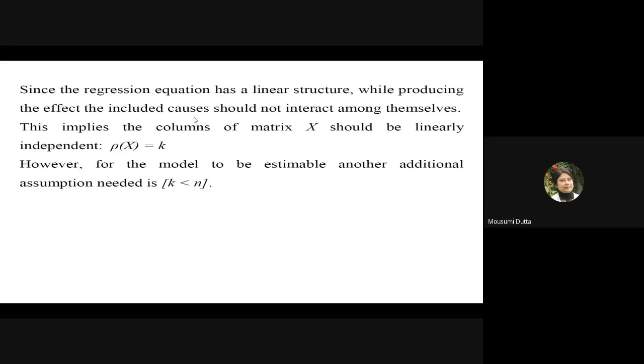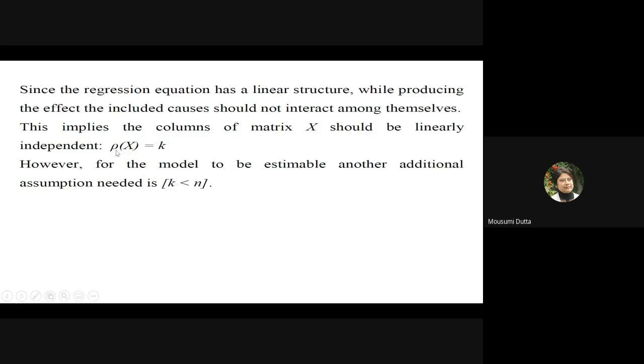This implies the columns of matrix X should be linearly independent. So the rank of X will be equal to K.